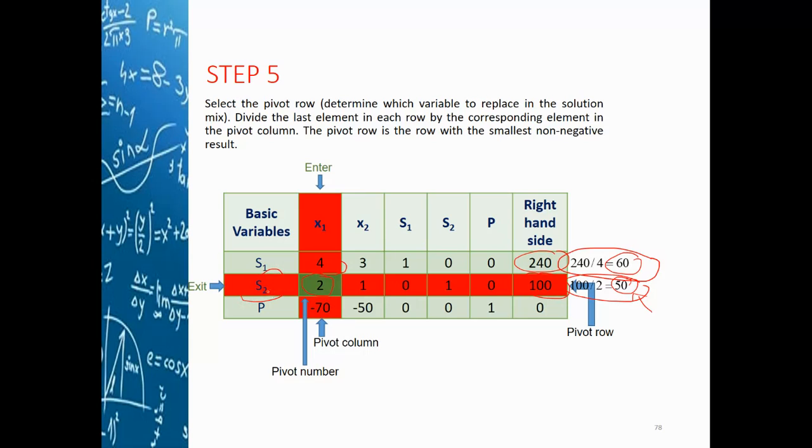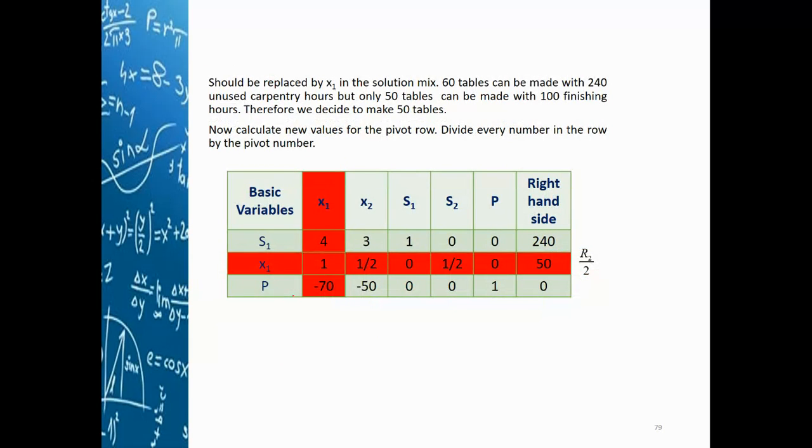S2 over here, you change with your x1. So this is what you have now on your left hand side: x1 over here, but your S1 and also your P are still the same. This is what you get from the previous value.